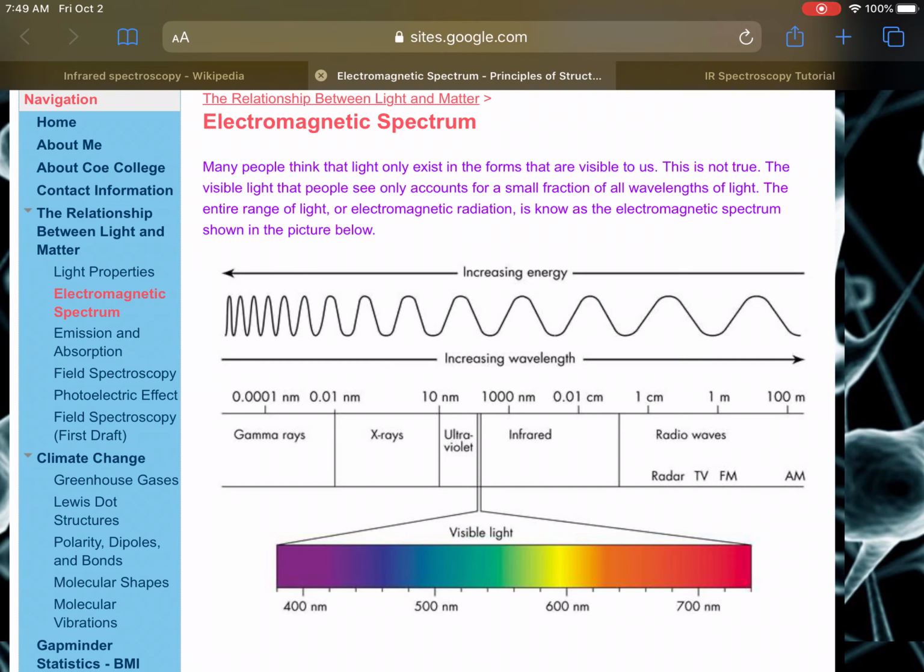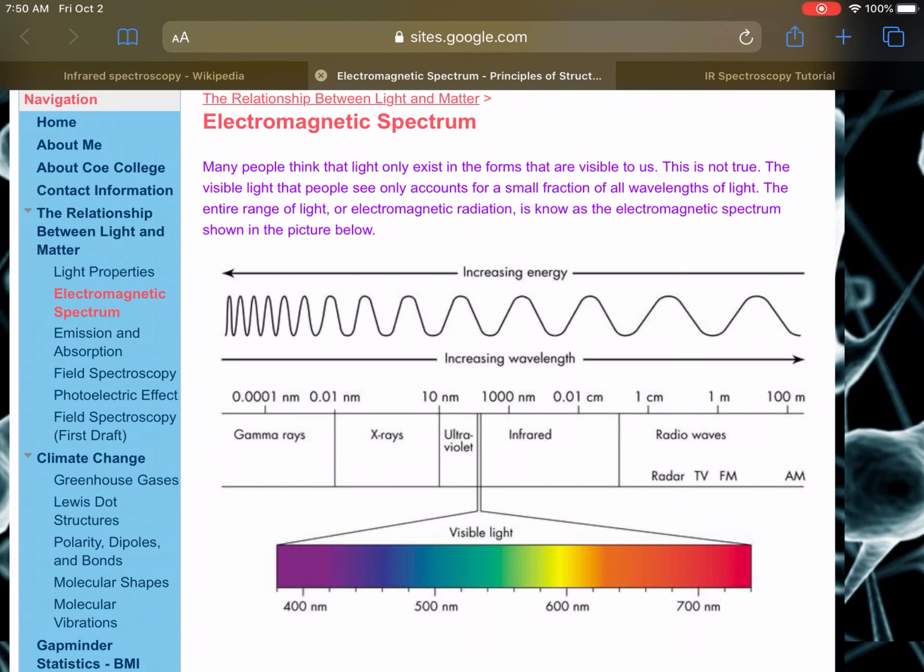On the left side, we have the very high energy, low wavelength waves, the gamma rays. These are the ones that really cause damage whenever you get radiation sickness. They're also what were used to turn Bruce Banner into the Incredible Hulk, in case you were wondering. All the way to the other end, we have radio waves, very long wavelengths, generally very low energy, considered harmless.